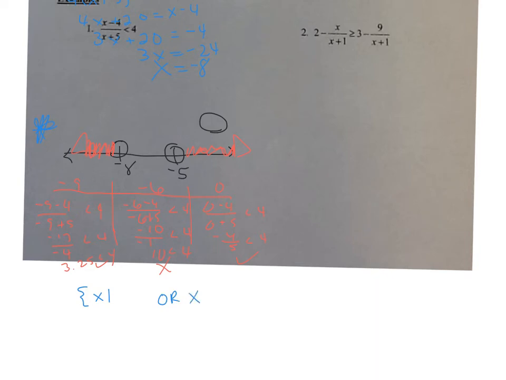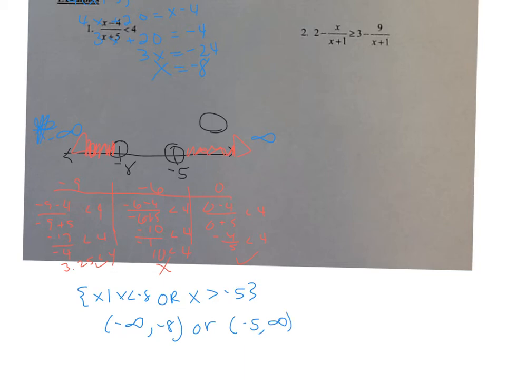You have x is greater than -5 or x is less than -8. Or we could use interval notation. This goes to -infinity and goes to +infinity. So I have (-infinity, -8) parentheses, or (-5, +infinity).